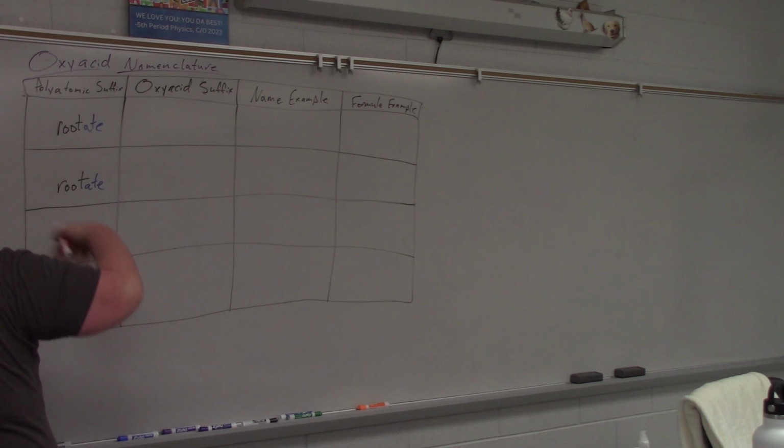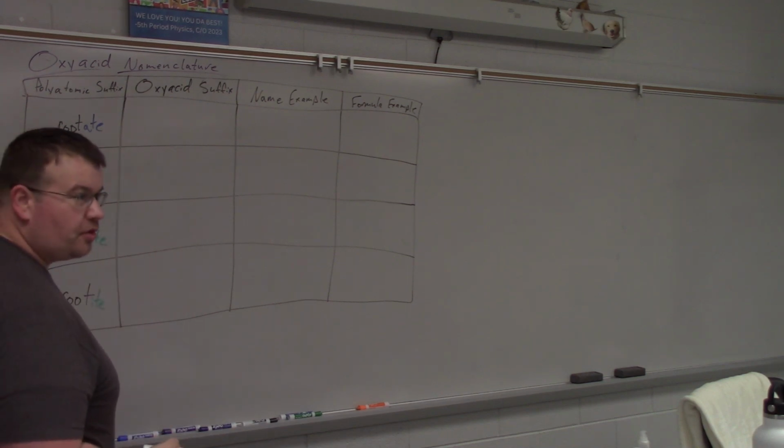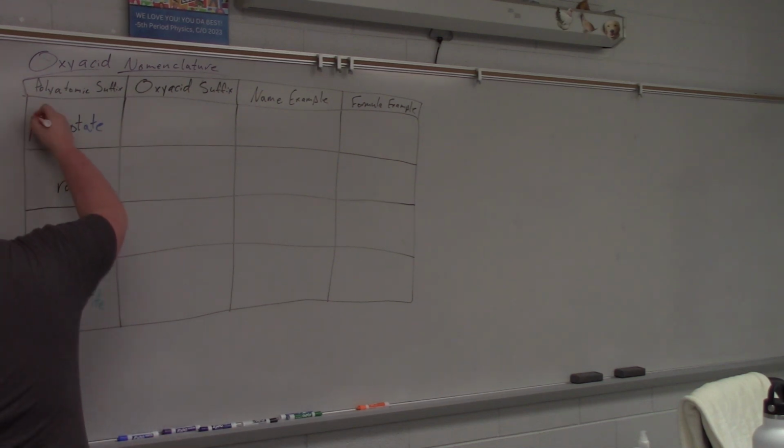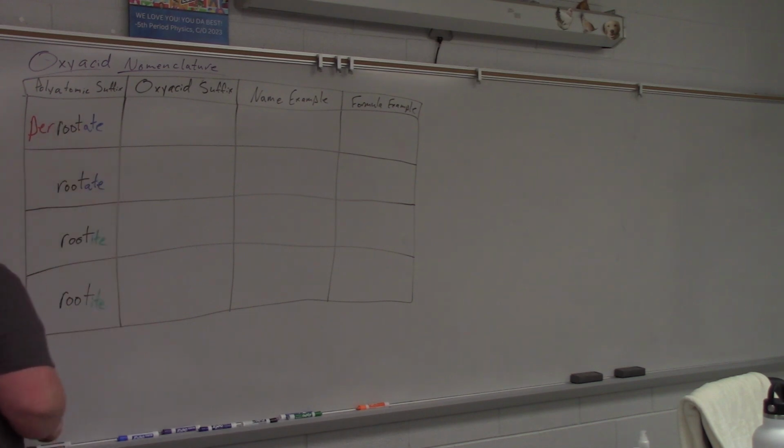The first one, the one with more oxygen than the root, had the prefix of per. It was perroot-ate. If you remember the example we did, perchlorate. Then we have root-ate. That's the one we memorized. That's still the trick here: memorize the root.